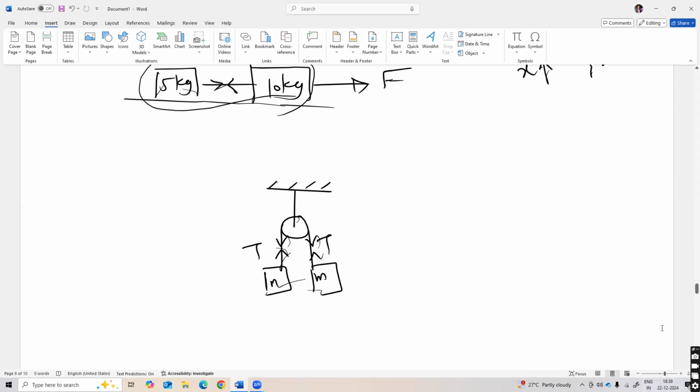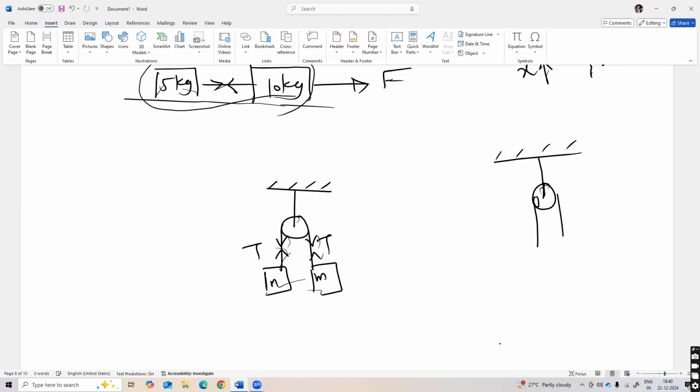Now we have seen one more case last time. So there was one string. Okay, so this is the same example only.